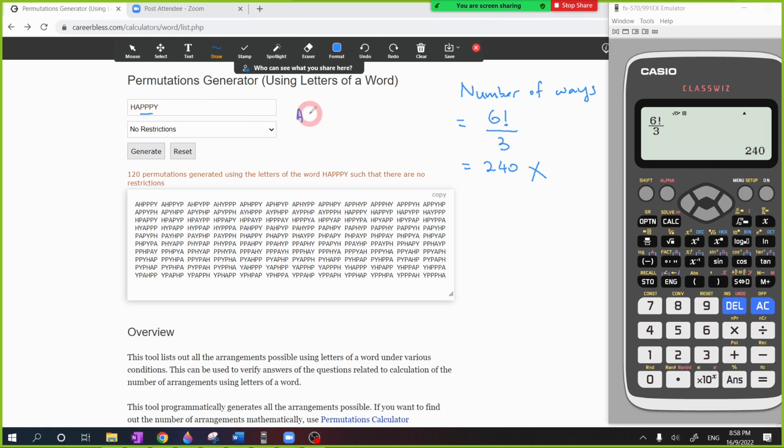So try to think, if you have 3 letters, A, B, C, they are different. How many ways can we arrange them? Not 3, right? But 3 factorial. So that's why here we should divide this 6 factorial by 3 factorial, not 3.